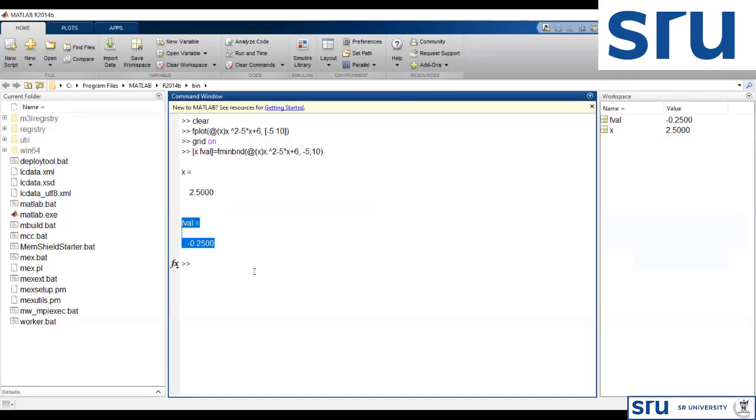Is there any doubt? It's simple. You just have to use fminbnd, your function, and then the limit values. Between what and what your limit is, you just enter that. So it will find the first point of minima. The x value, this 2.5, is the point of minima. From the graph you can understand it in a better way.